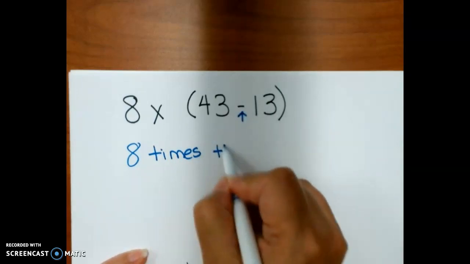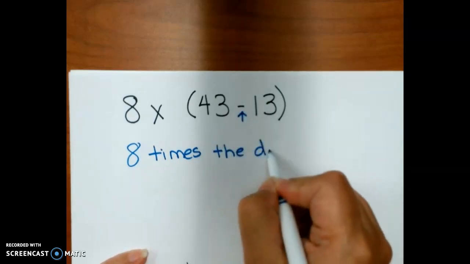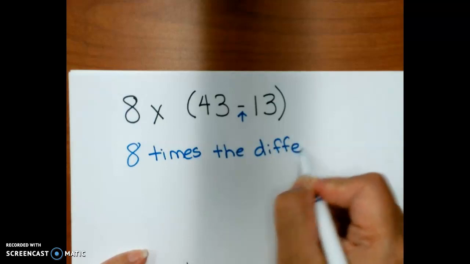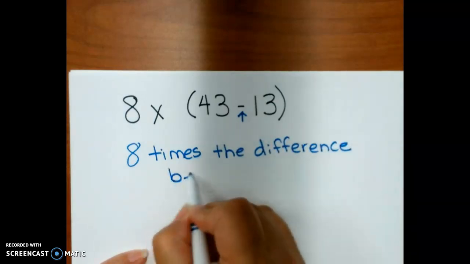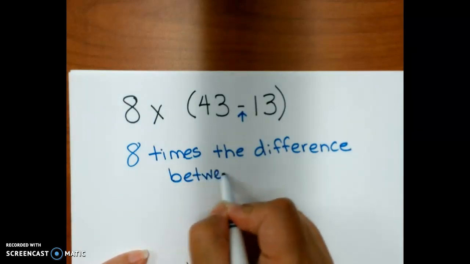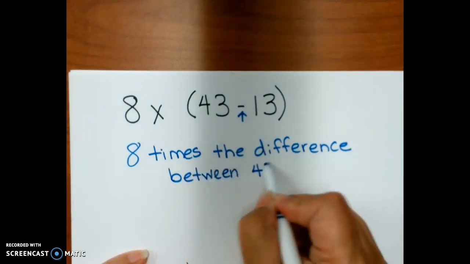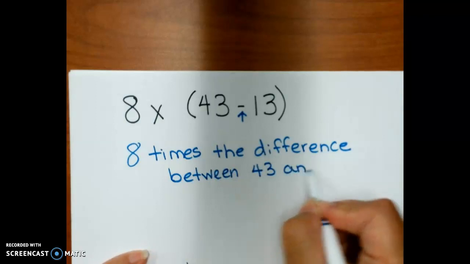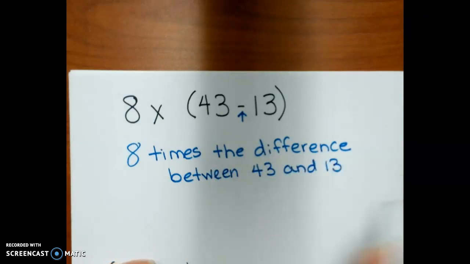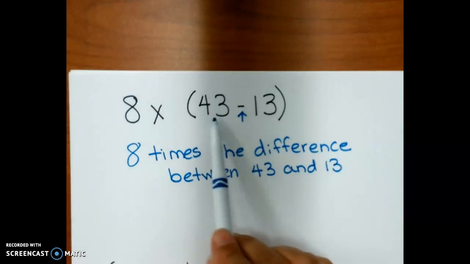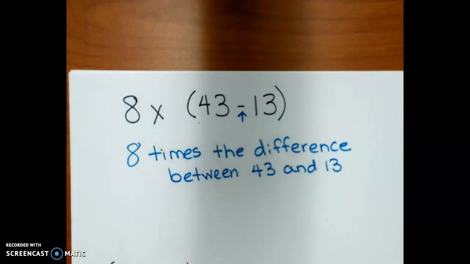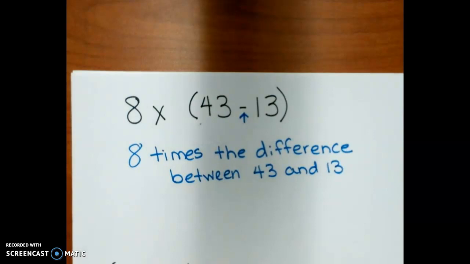So it's 8 times the difference between 43 and 13. Because what I want to find out is, what do I get if I subtract 43 minus 13 and then multiply that by 8? Okay, there's the first one.